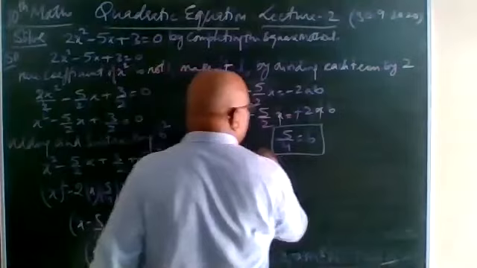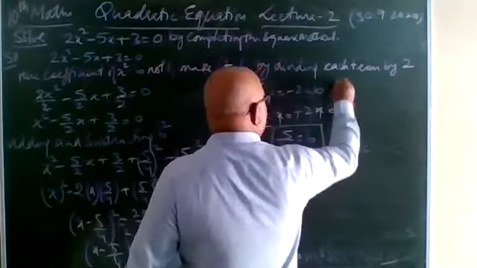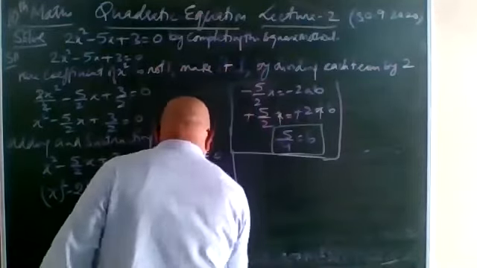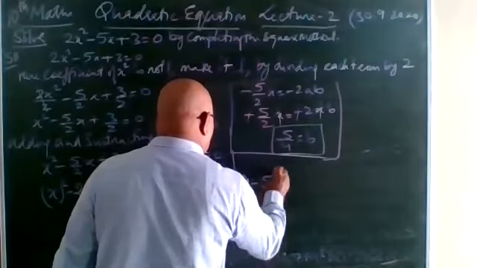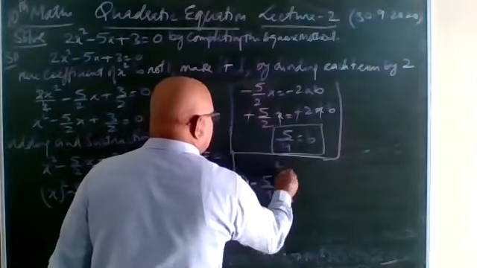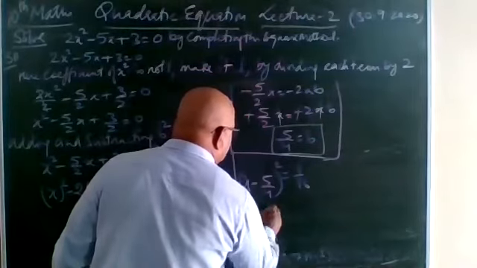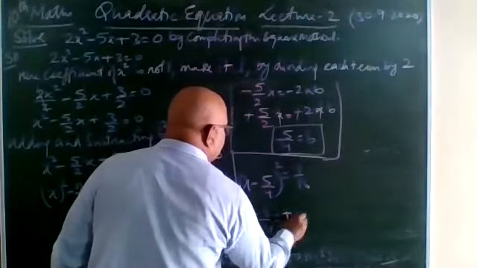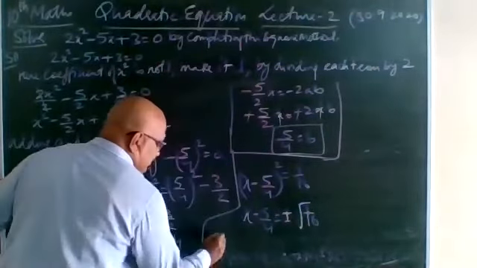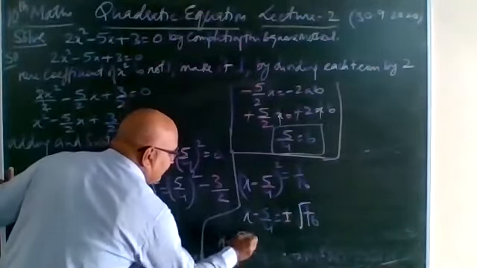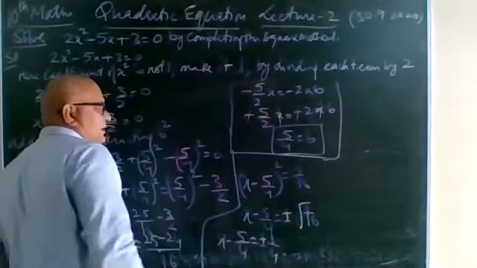So x minus 5 by 4 whole square equal to 1 upon 16. x minus 5 by 4 equal to plus minus 1 by 4.